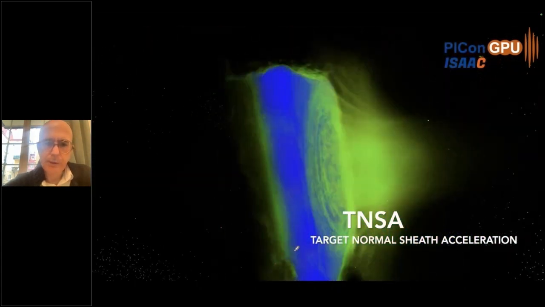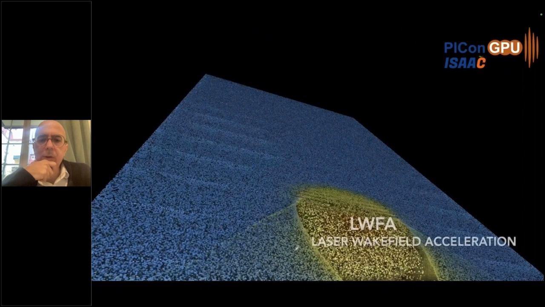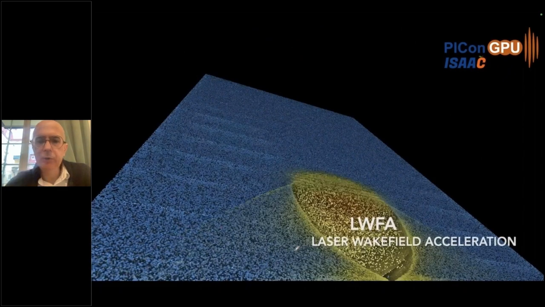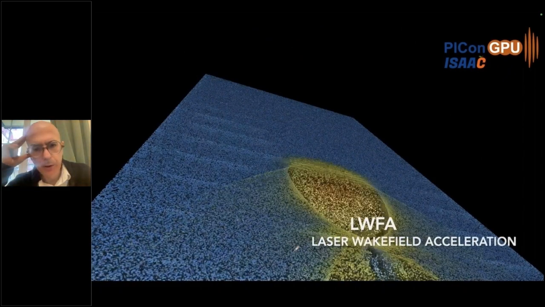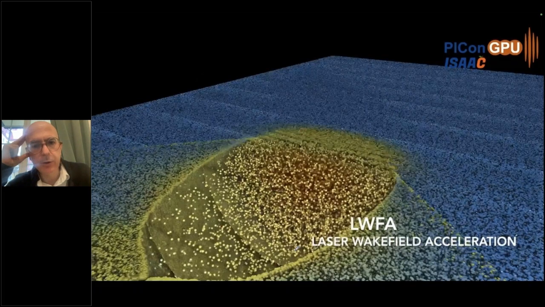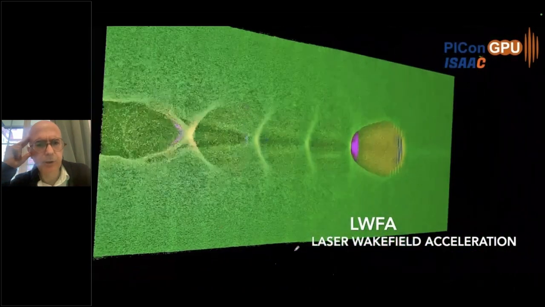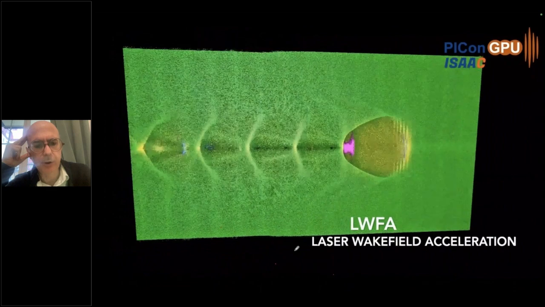So this is again the PIC on GPU. As I said, they have computational particles, and we model the interaction of the electromagnetic field with these computational particles.